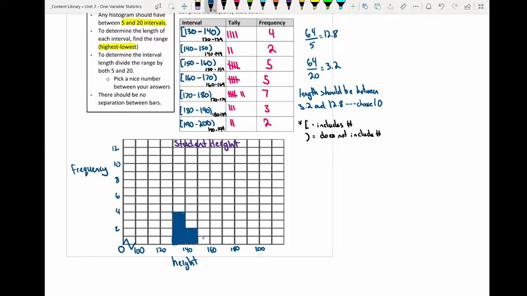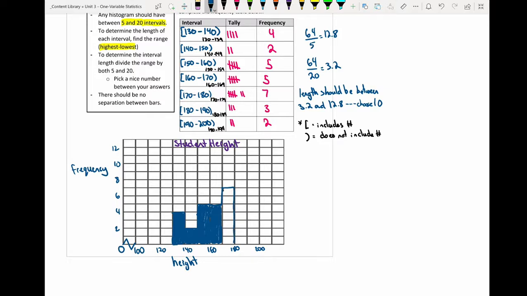Our next one, 150 to 160, there are 5. And again, just going through, our frequency tells us how high it's going. 160 to 170 is 5 again. Again, just making that bar. 170 to 180 is 7.